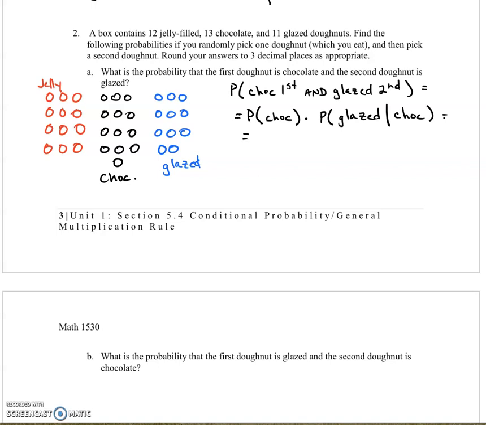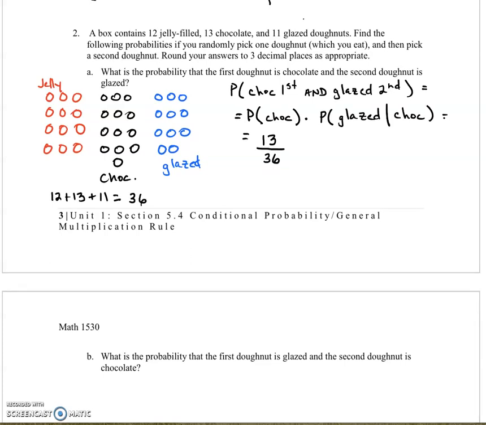So what do we have? Well, let's figure out the probability of chocolate. We have 13 chocolate donuts out of, if we add them all up, 12 plus 13 plus 11, 36 donuts total.